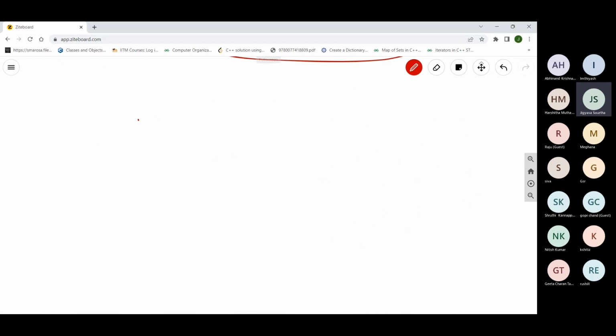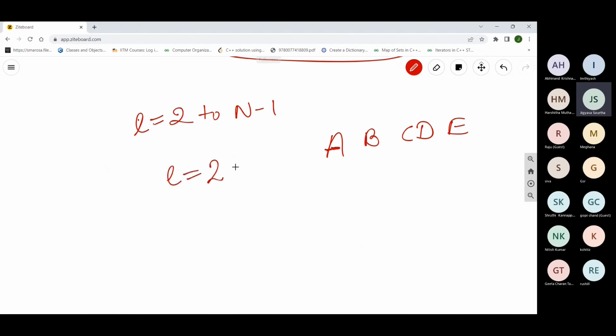If you are defining length from 2 to n minus 1, let's say I have A, B, C, D, E as the matrices to be multiplied. So if I define the length as 2, then I need to define what will be i and what will be j. What should be the starting index of the matrix and what should be the ending index of the matrix.